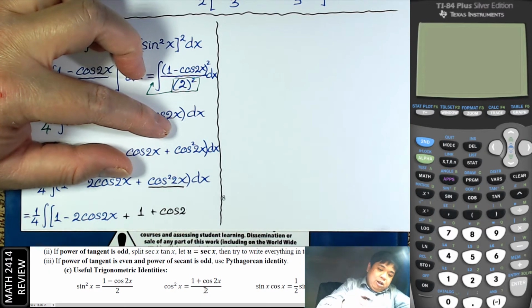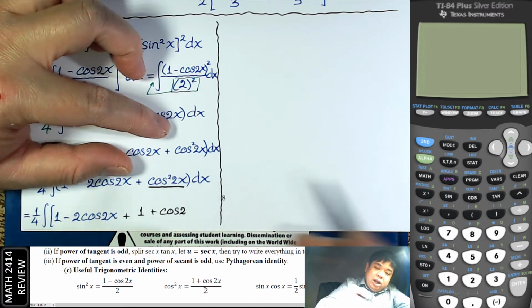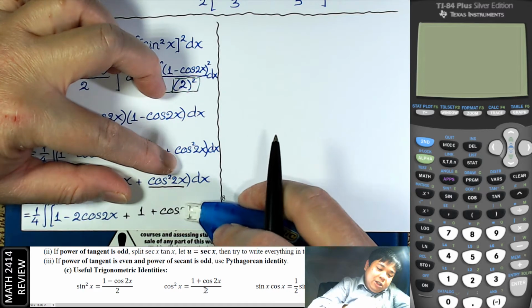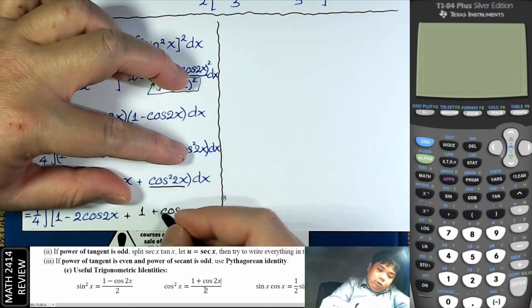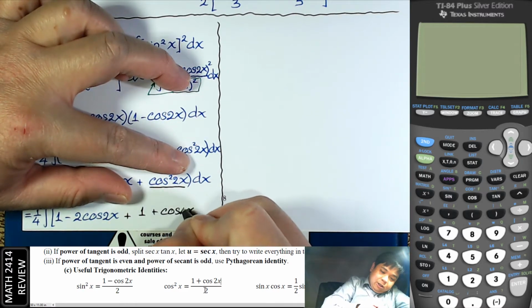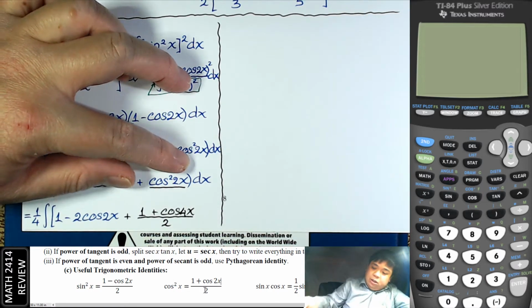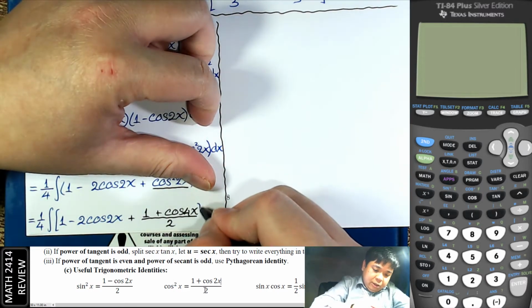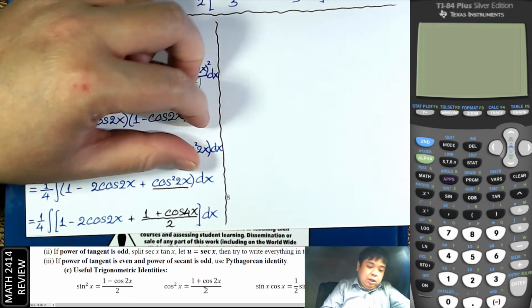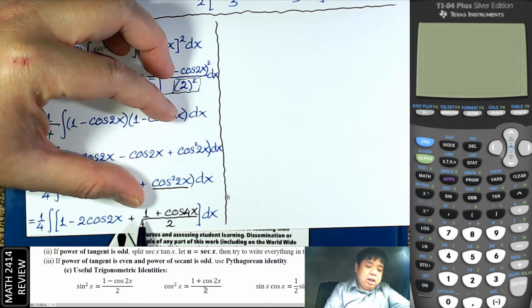So we have to have 2 times 2x. So the angle is going to be double from 2x to 4x. Divide by 2. This one I'm going to split. That is plus 1/2 and plus 1/2 here.